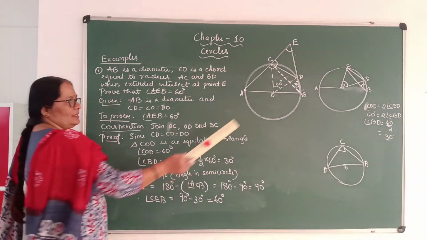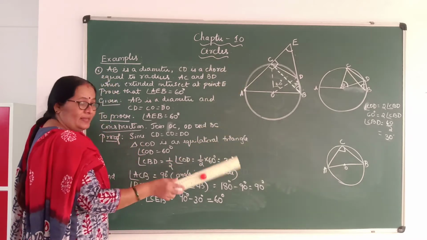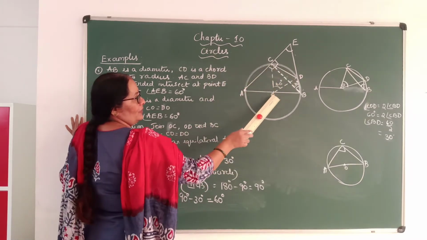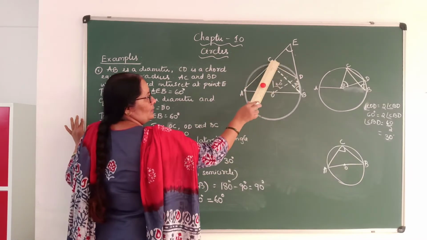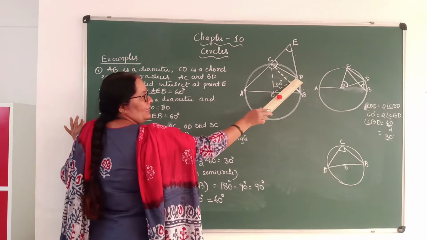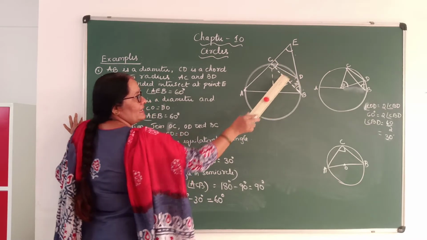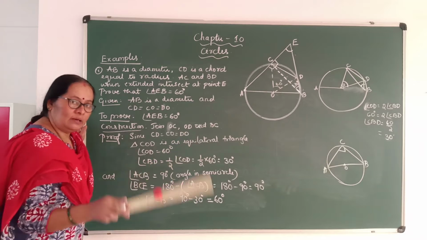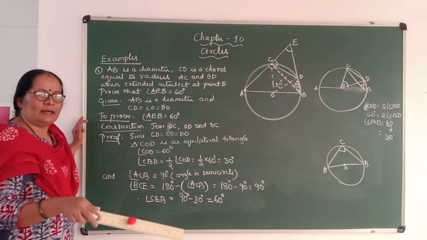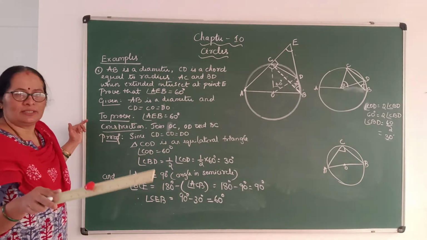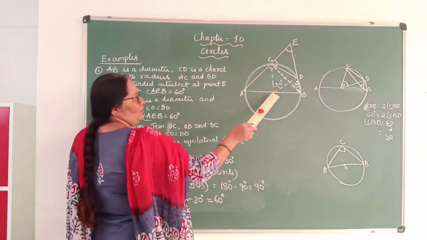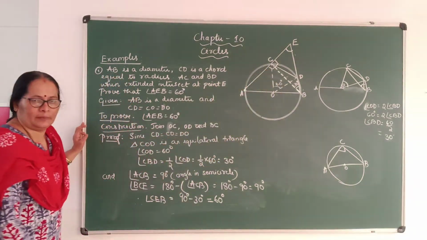Then the proof. First step: the chord CD is equal to the radius, that is CD equals CO equals OD. All three sides are equal, which means it is an equilateral triangle. In an equilateral triangle, each angle measures 60 degrees, so angle COD equals 60 degrees.